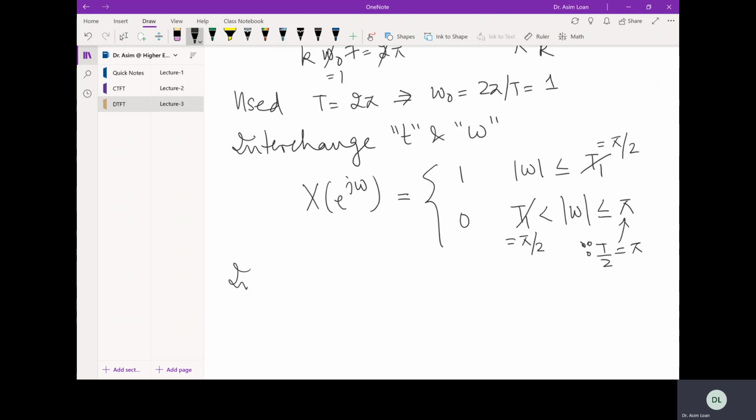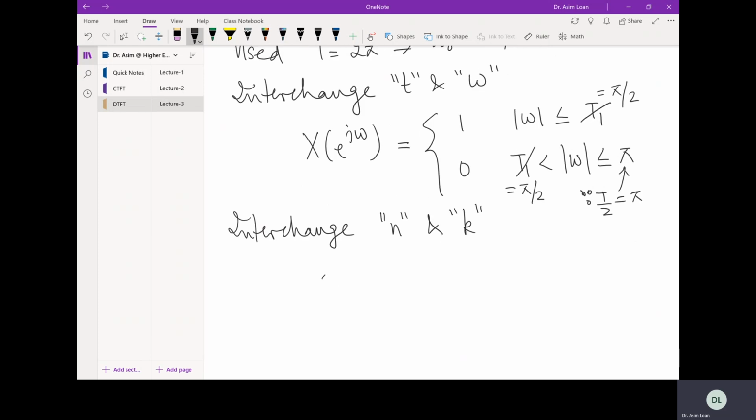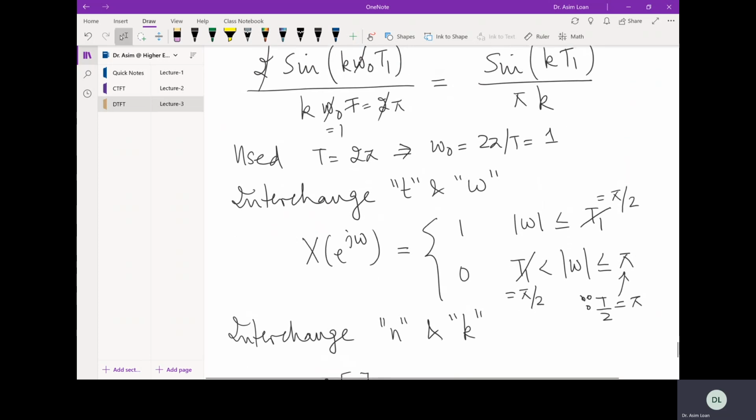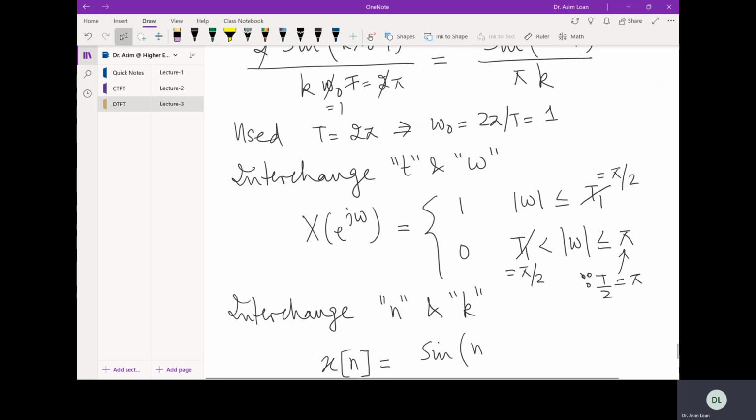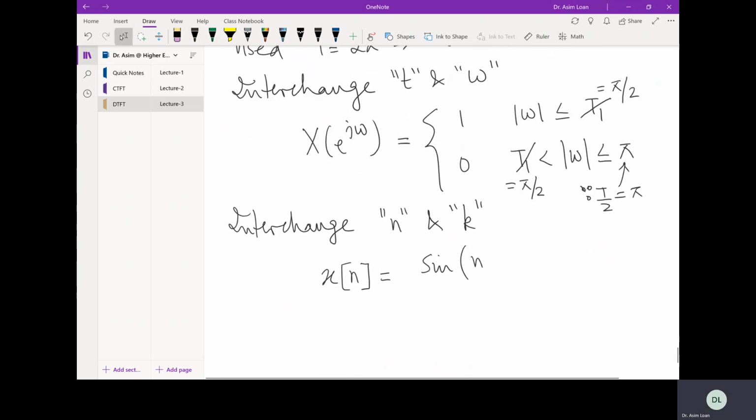And then I interchange n and k. So if I interchange n and k, my x of n becomes sine n t1 over n pi, or sine n pi by 2 over n pi by 2.